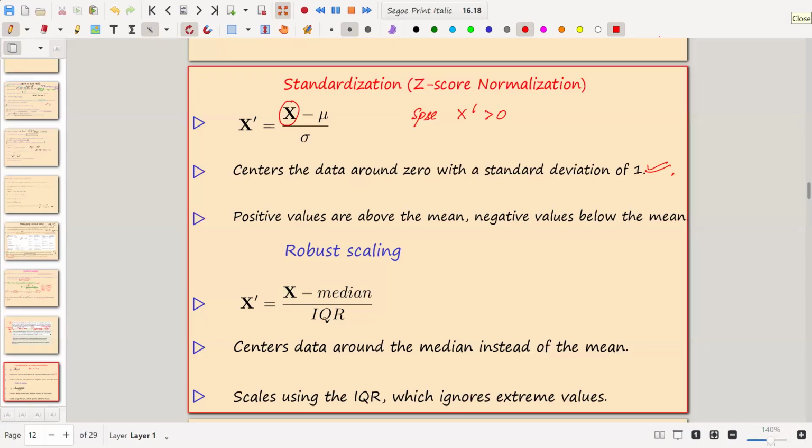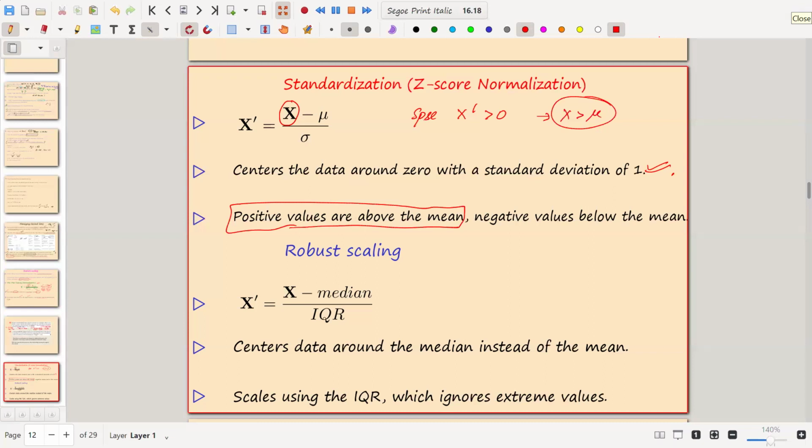Suppose x prime is greater than 0. That means x is greater than mu. So the values are above the mean. Positive values are above the mean. Whereas if you have negative values, what does it mean? X minus mu has to be less than 0, that means x is less than mu. That means the values are less than the mean.